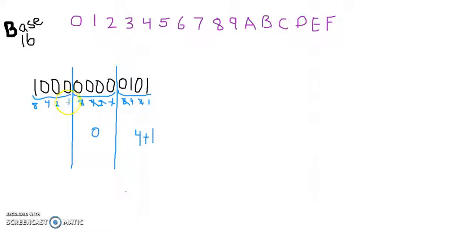We have a 0 here, so we're not going to bring down the 1. A 0 here, so we're not going to bring down the 2. A 0 here, not going to bring down the 4, and an 8 over here. So we have an 8, a 0, and 4 plus 1 equals 5. So the hexadecimal for this binary number is 8, 0, 5.